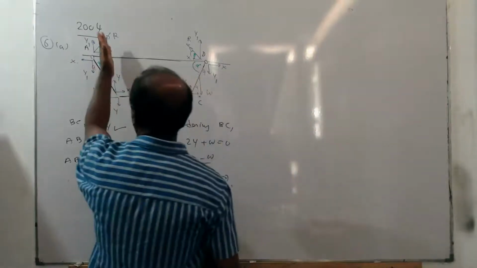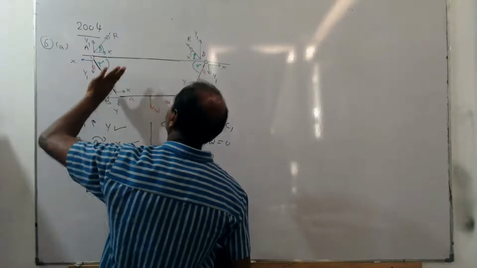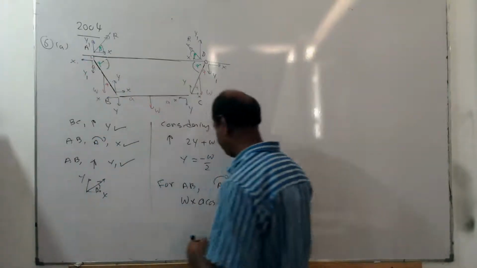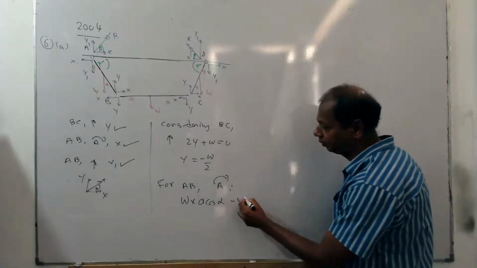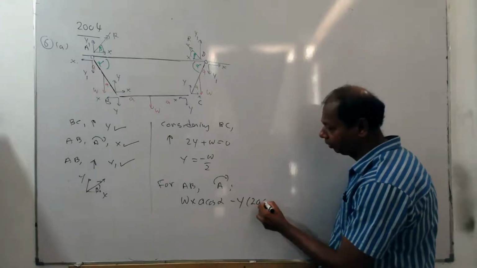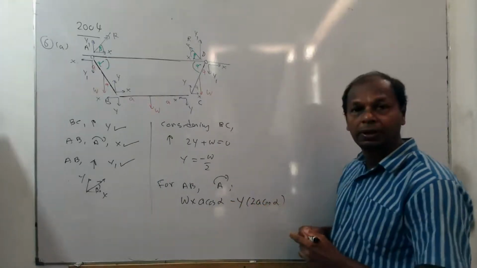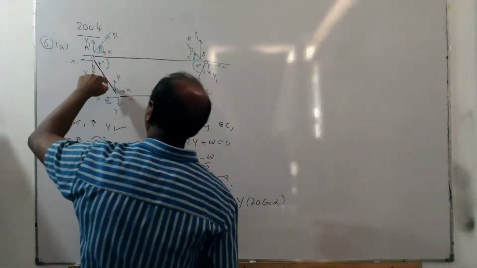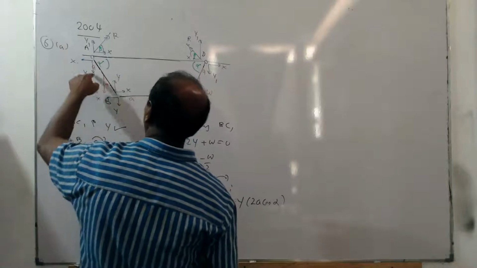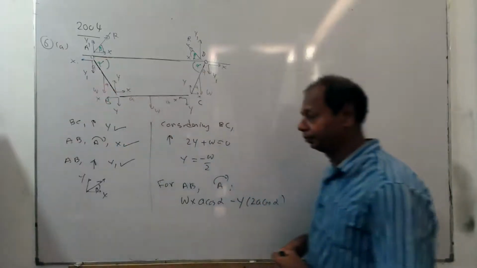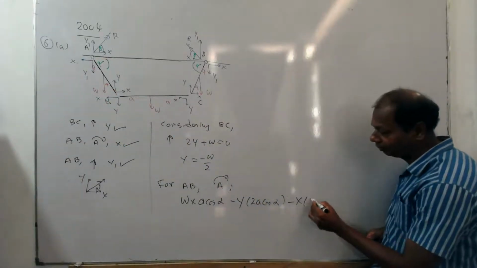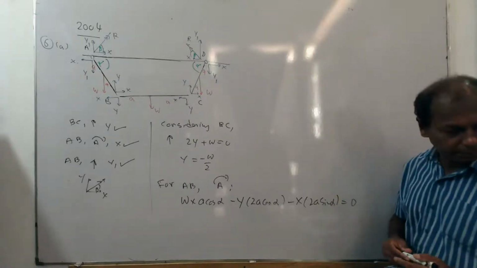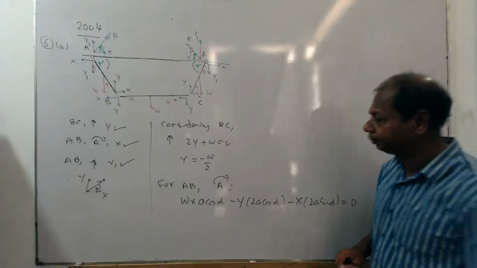And then Y is rotating in the opposite direction, minus Y into the distance 2a cos alpha. X is also rotating in the opposite direction, minus X into the distance 2a sin alpha, equals 0. The a's get cancelled.